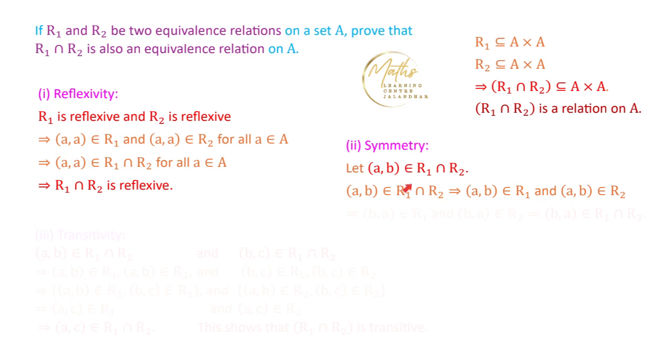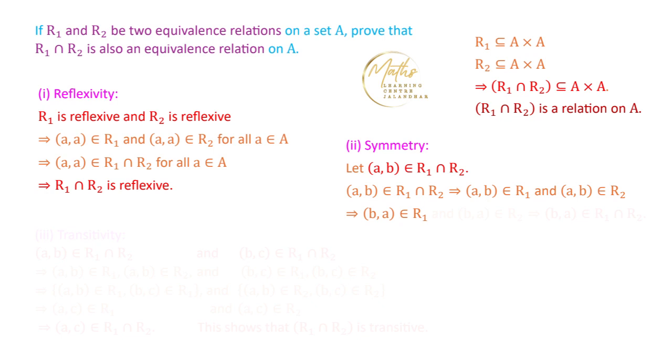It means it is present in R1 and it is present in R2. So this implies that (b, a) belongs to R1, because R1 is an equivalence relation, which means R1 is symmetric. So if (a, b) belongs to R1, then (b, a) will belong to R1.